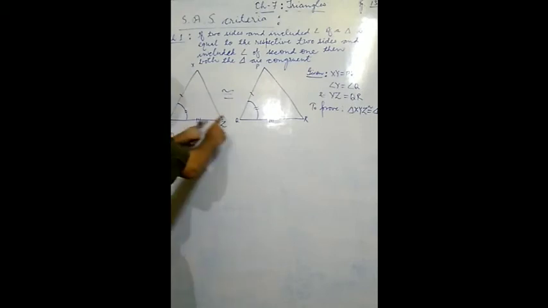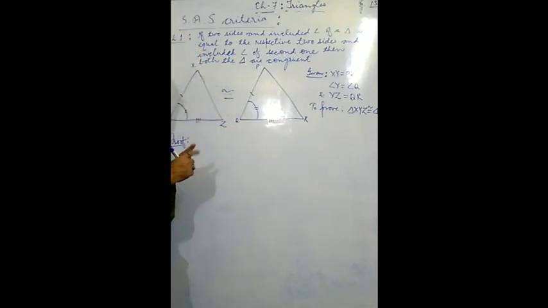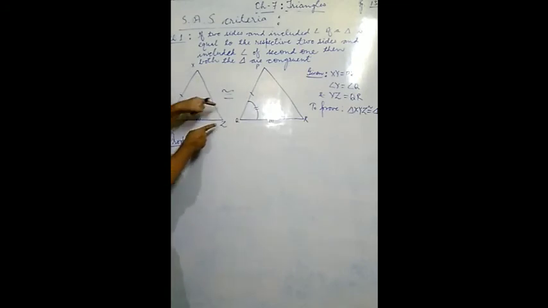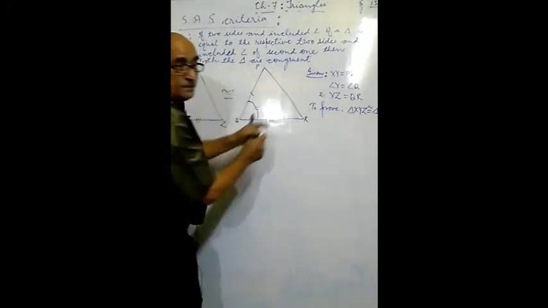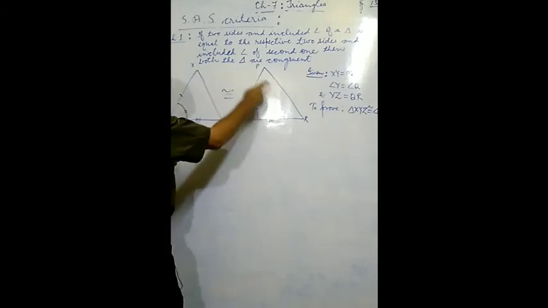Again, Y is falling on Q and Z is falling on R, so this segment YZ is coincided with QR. Again see, X is falling on P and Z is falling on R, so this XZ is coincided with PR.